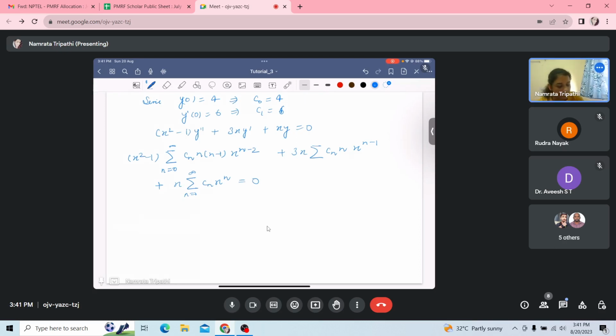After putting y derivative, y double derivative, we will get this equation. Now, multiplying, we have to make this and this term in the form of x to the power n.